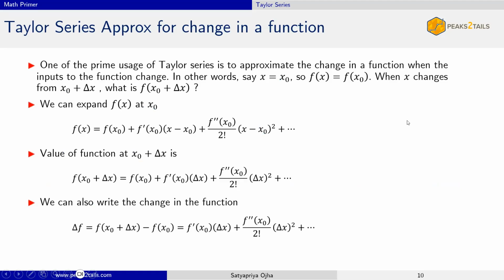Okay. So yeah, the timing couldn't have been better. You can use Taylor series expansion to approximate the change in a function. You just have to tweak the derivation a little bit. So one of the prime use cases of Taylor series is to approximate the change in a function when the inputs to the function change.